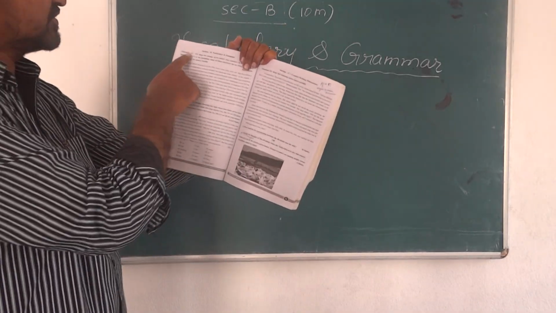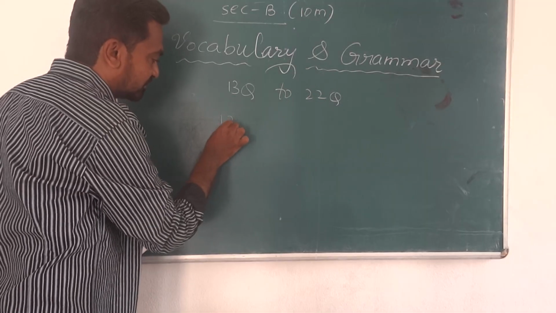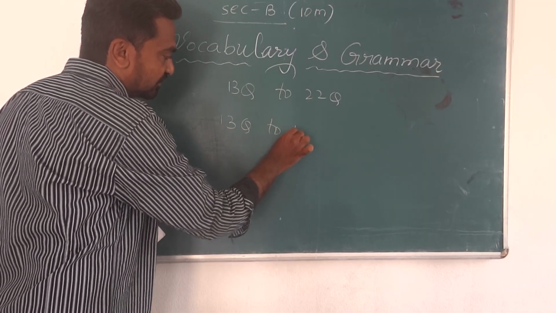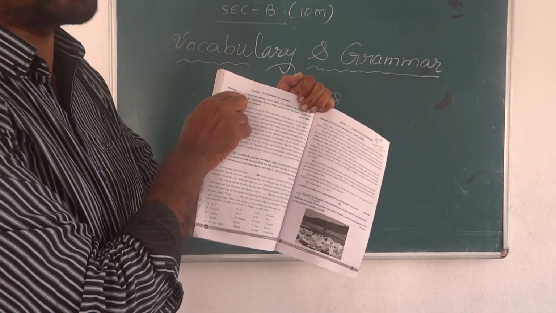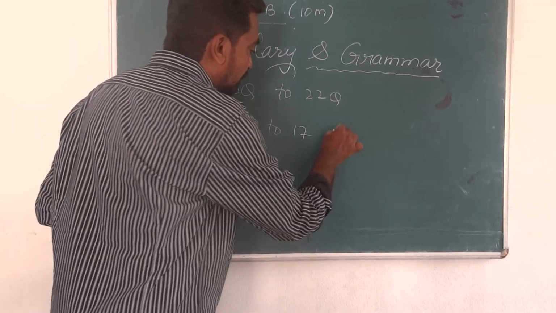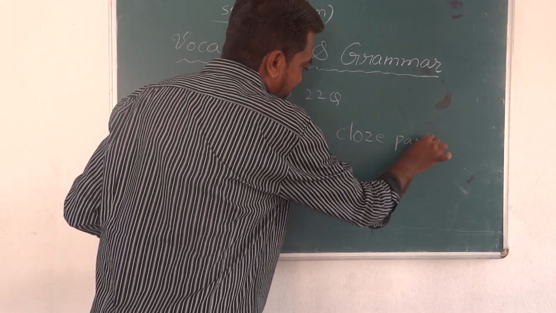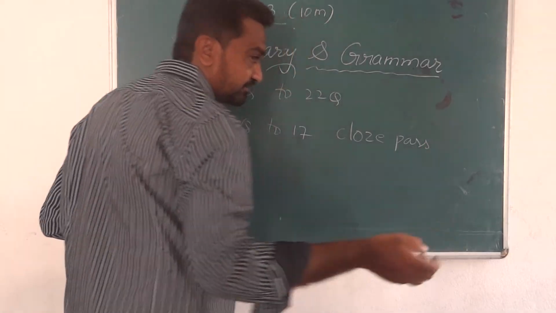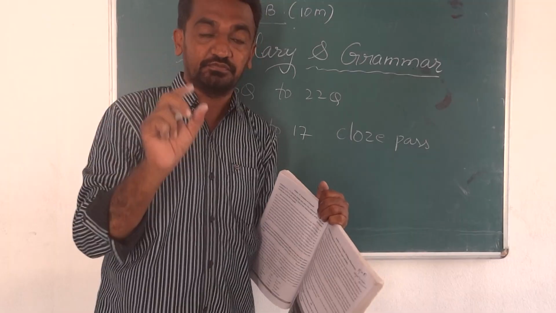In question number 13 to 22, question number 13 to 17 is called a closed passage. They give you one passage from the textbook, and in the middle of the passage there will be 5 blanks.